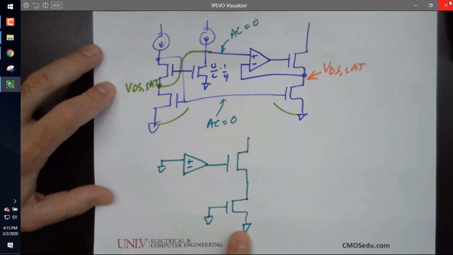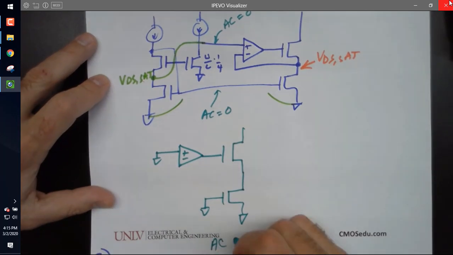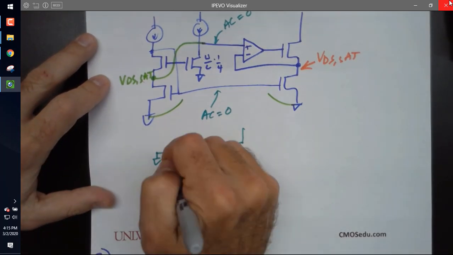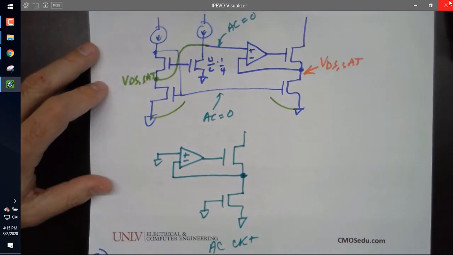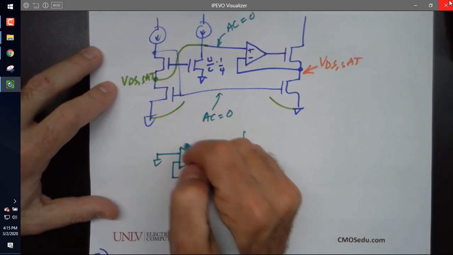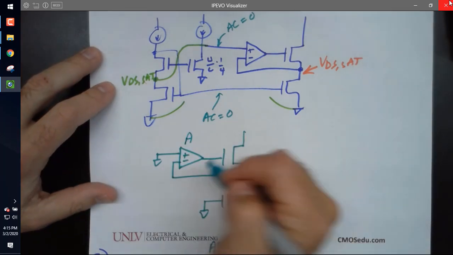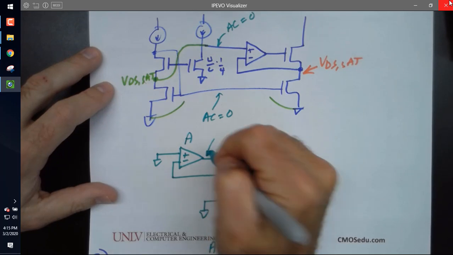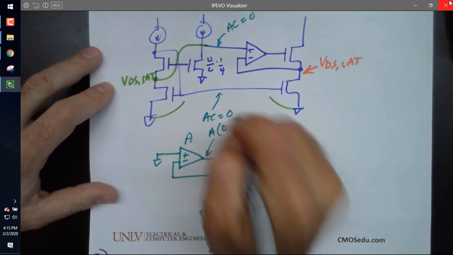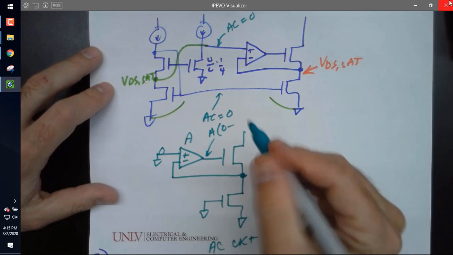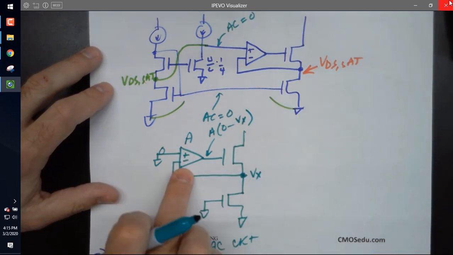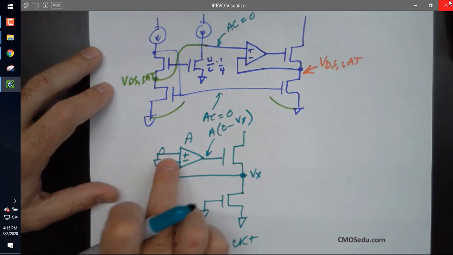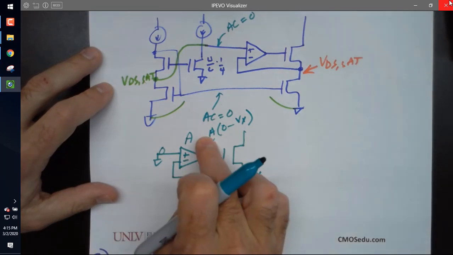Now, I'm drawing this as my AC circuit. I have this, okay? So I'm going to say this is a real amplifier with a gain A. So this output is going to be A times (0 minus Vx), where Vx is this voltage. So it takes the two differences and multiplies them by the gain A.